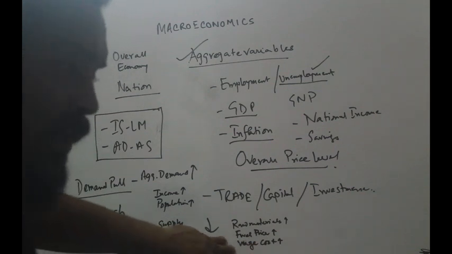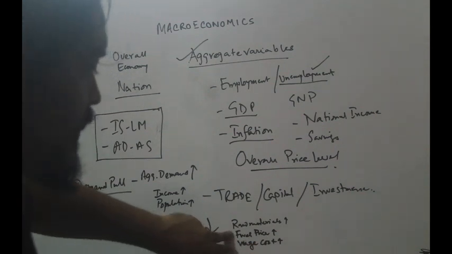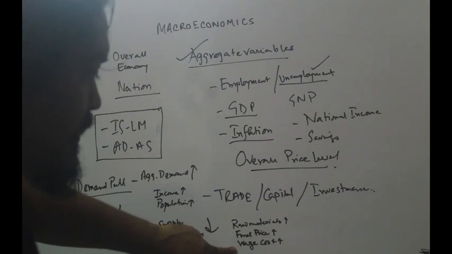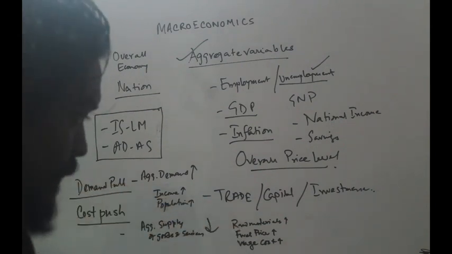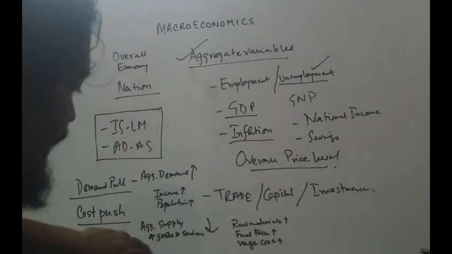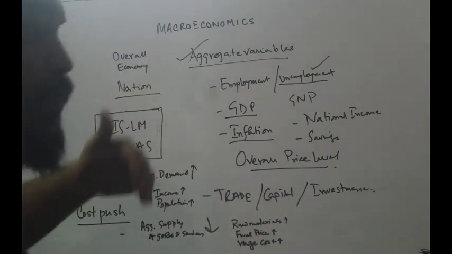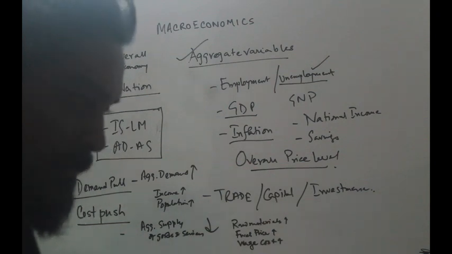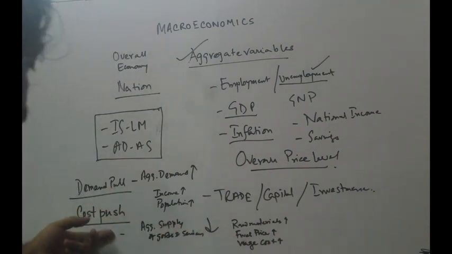Fuel price, you need fuel to run your firm, to produce something. Fuel price is increasing, wage cost is increasing, raw materials, if you have anything else. So the moment that is increasing, your aggregate supply of goods and services is going down, because you are supplying less to the marketplace. So that is the cost push, because this is how cost push inflation is happening.